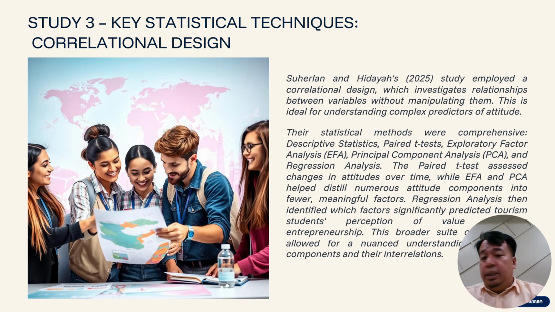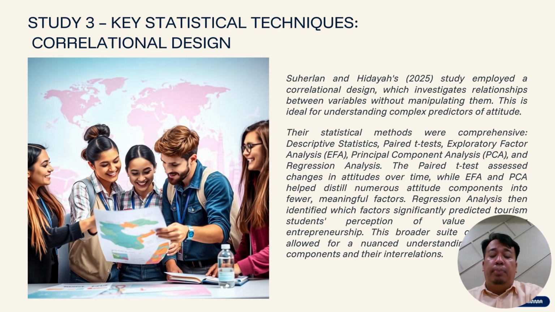Unlike the first two, the third study, by Suhelan and Hidayah, used a non-experimental correlational design. This approach is used when researchers want to explore relationships between variables without manipulating them. They used the SATS-28 questionnaire, which measures attitude towards statistics across four areas: cognitive, affective, value, and difficulty.